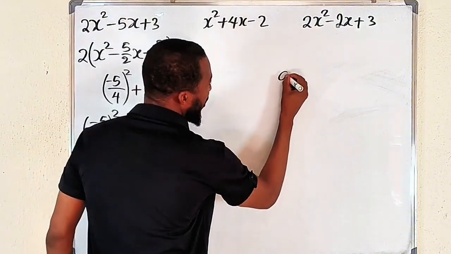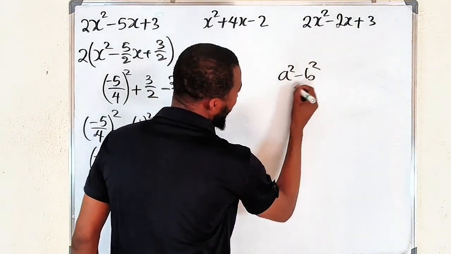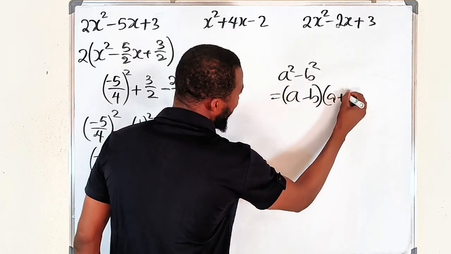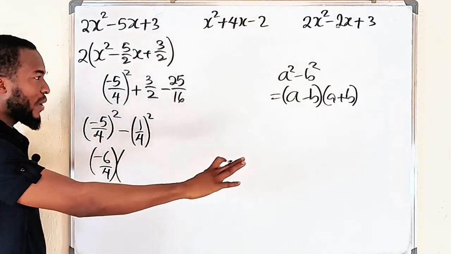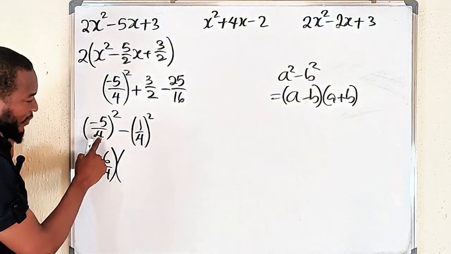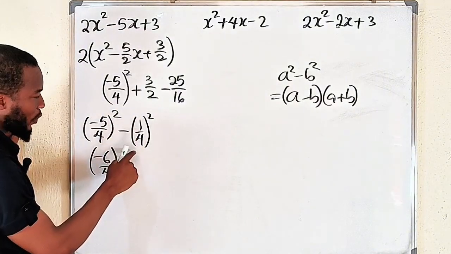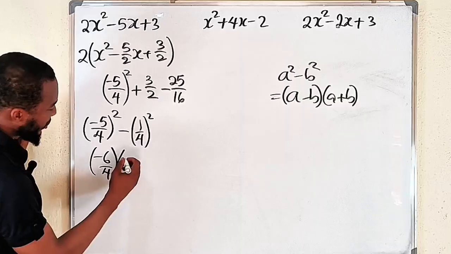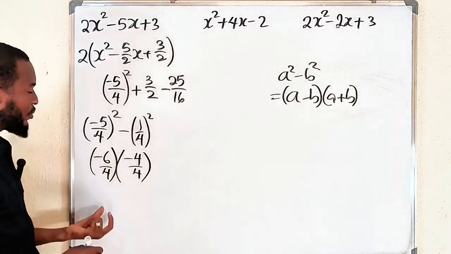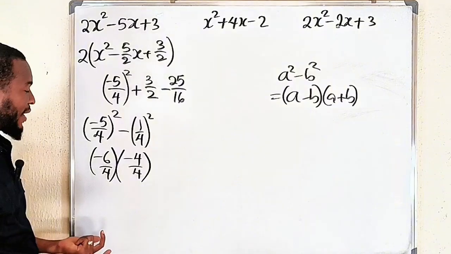Remember this, a squared minus b squared is equal to what? A minus b times a plus b. Difference of two squares. So since we subtracted, now we're going to add. Negative 5 over 4 plus 1 over 4 will give us what? Minus 4 over 4, which you can simplify later.